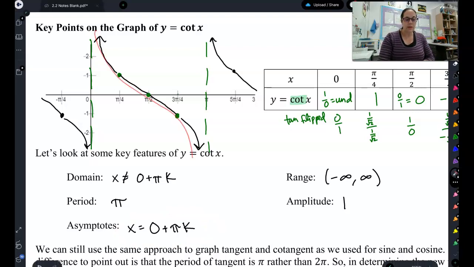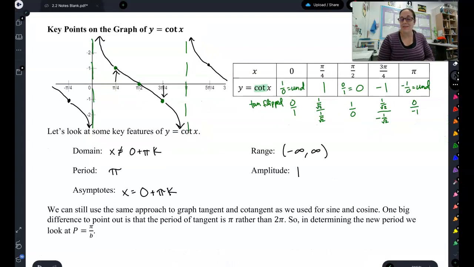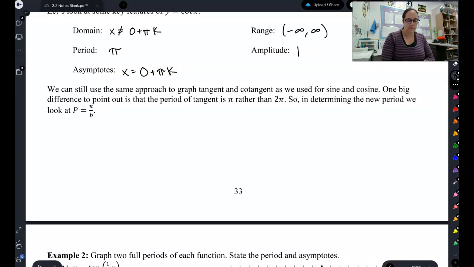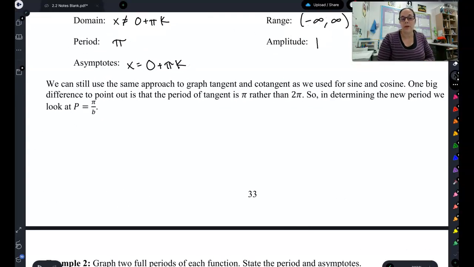Once again, it is periodic. It repeats this shape over and over. I have my range, hits all my y values up and down, and my amplitude up 1, down 1 to get to those points. And that is our cotangent graph. Now, what I'd like you to do down here is to do a quick summary of all 6 graphs.